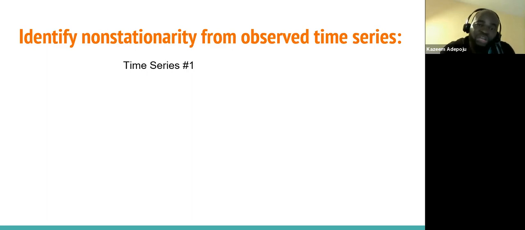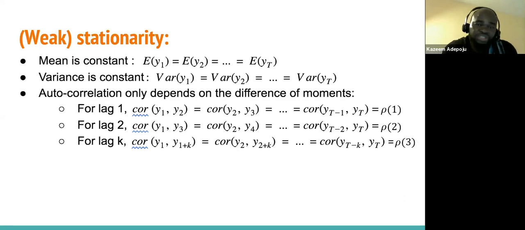Of course, you know what I mean by non-stationarity. Non-stationarity means the means are not the same and the variances are not the same. For stationarity, there are no changes in mean and no changes in variance.